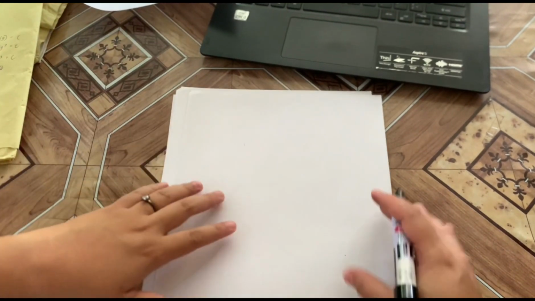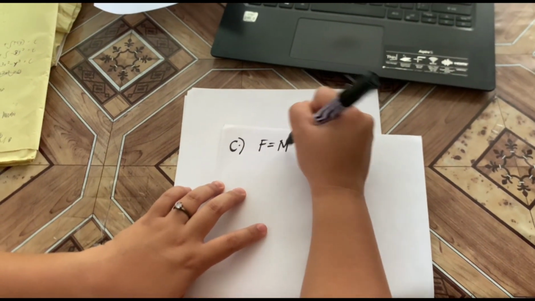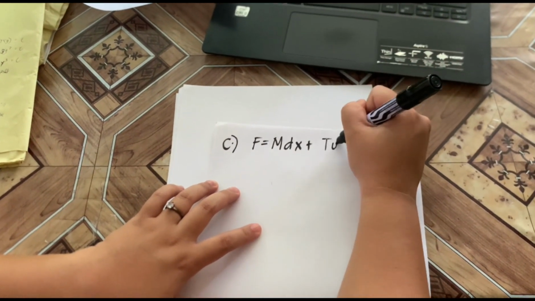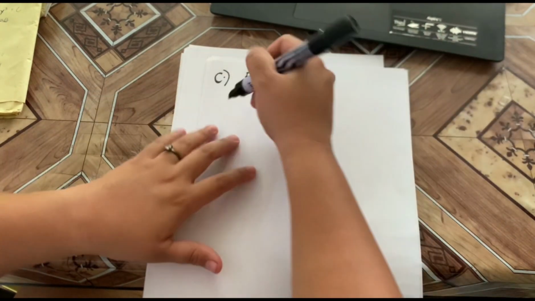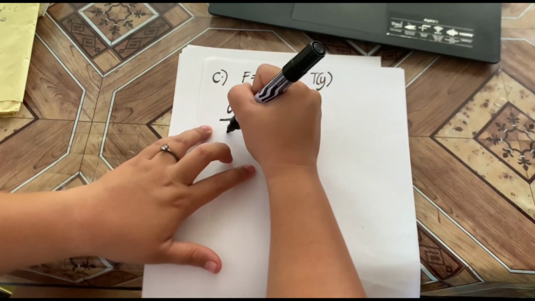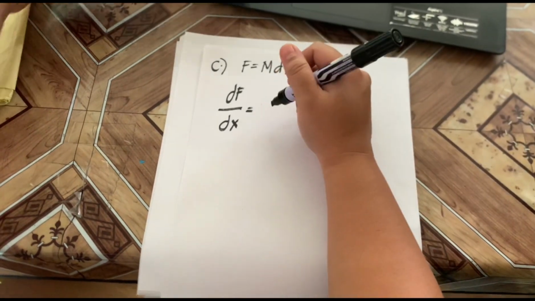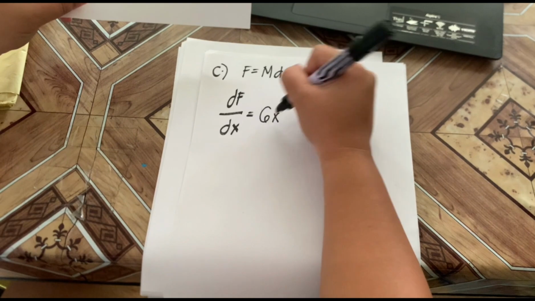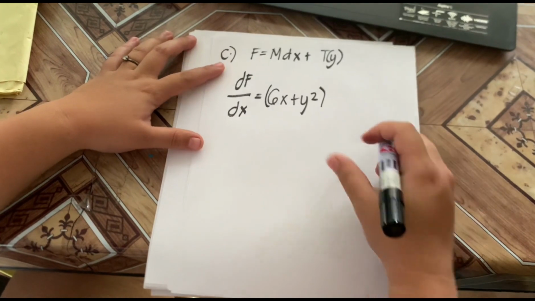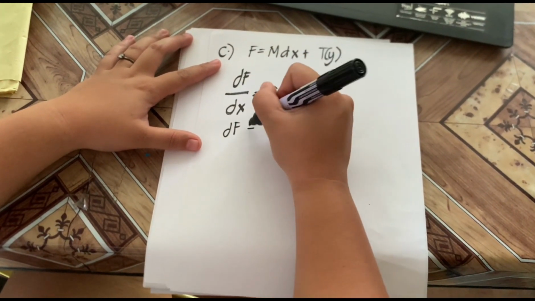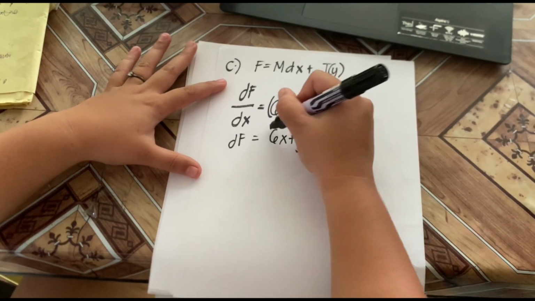For our third step, we have to integrate the function f equals M dx plus t of y. Since we have our partial derivative of f over partial derivative of x equals M of x and y, our M dx here would be 6x plus y squared. Using cross multiplication, we now have partial derivative of f equals 6x plus y squared dx.